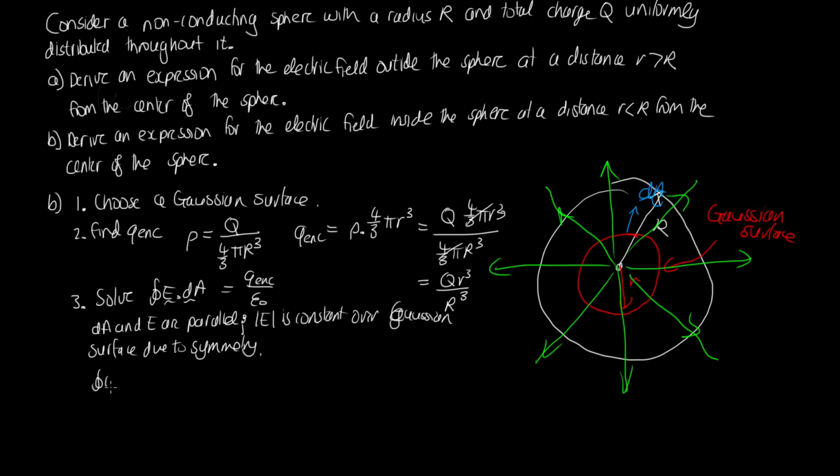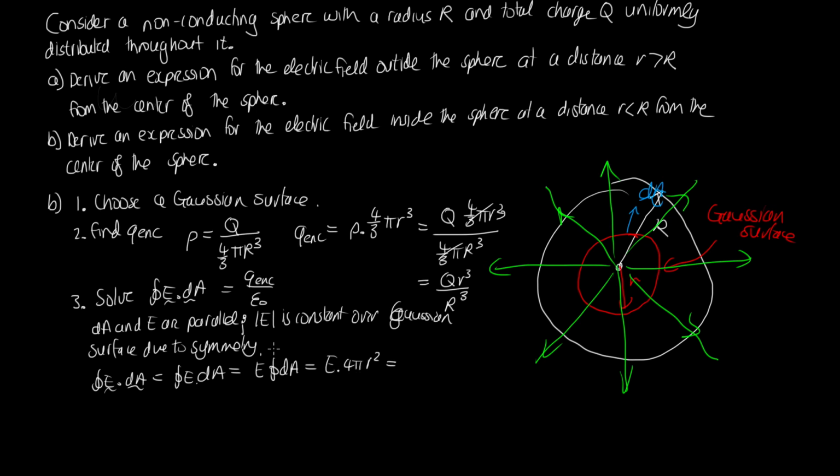So we can write, well, E dot dA, because they're parallel, we can get rid of the vectors. So that's E dA. And then because the electric field's constant over the surface, we can pull it out the front of our integral. And then integrating over a closed surface just gives us the surface area of that closed surface. So we've got E times 4 pi r squared.